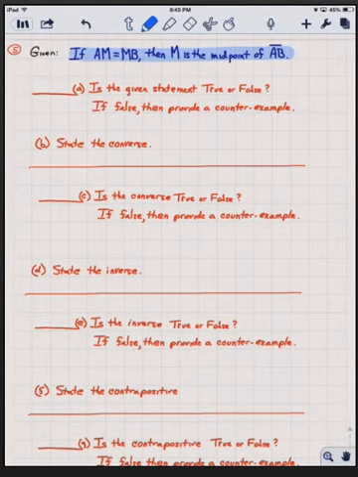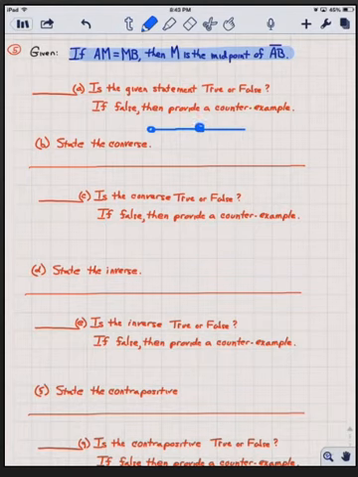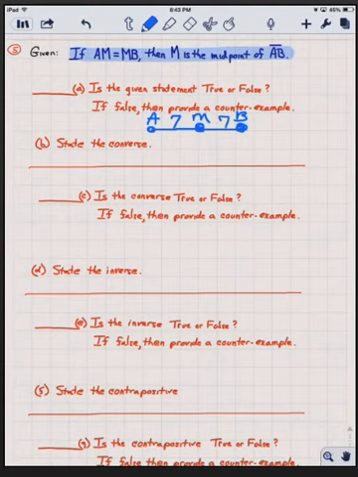So we'll look at a few examples, and I'll draw them out. If AM equals MB, so let's say this is point A, point M, and point B. If the distance from A to M is, say, 7, and the distance from M to point B has to be equal, is M the midpoint of segment AB? And the answer is yes.